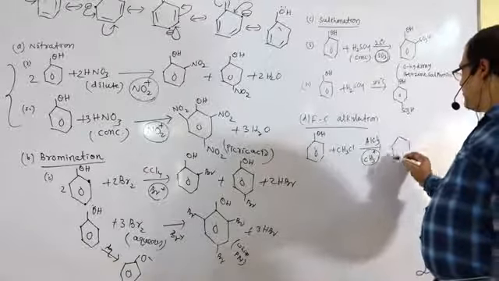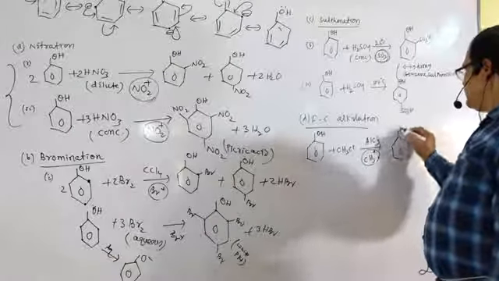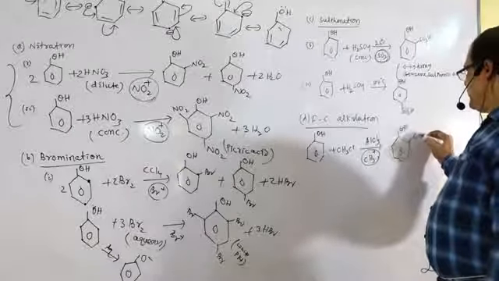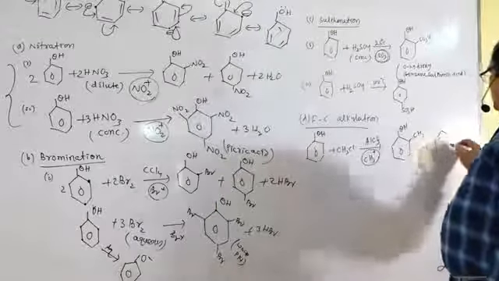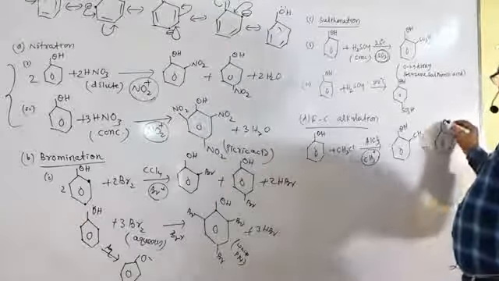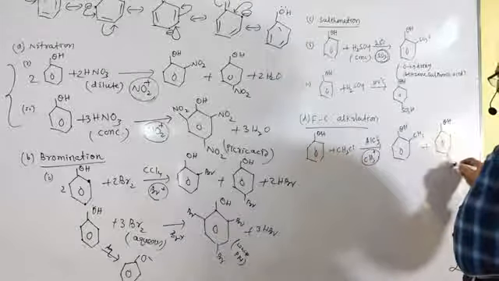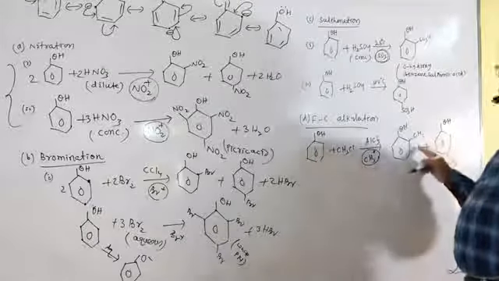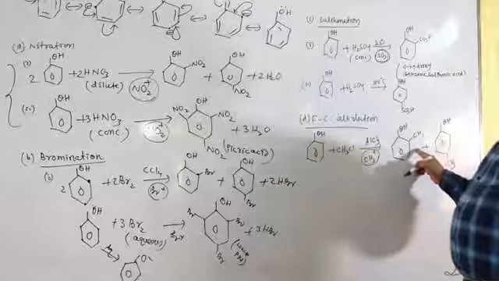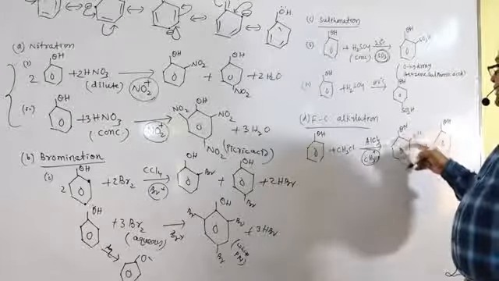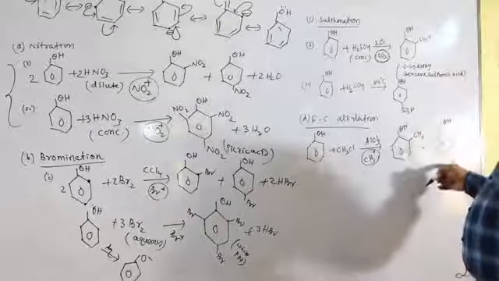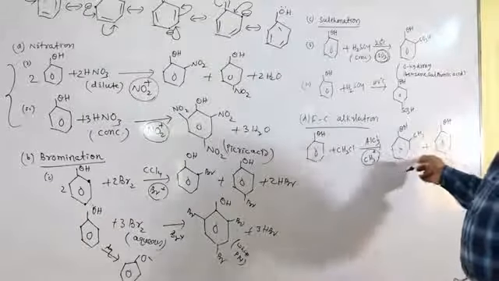So there is the formation of OH group with CH3 at the ortho position, and OH group with CH3 at the para position. That is ortho-cresol and para-cresol, a mixture of ortho-cresol and para-cresol.